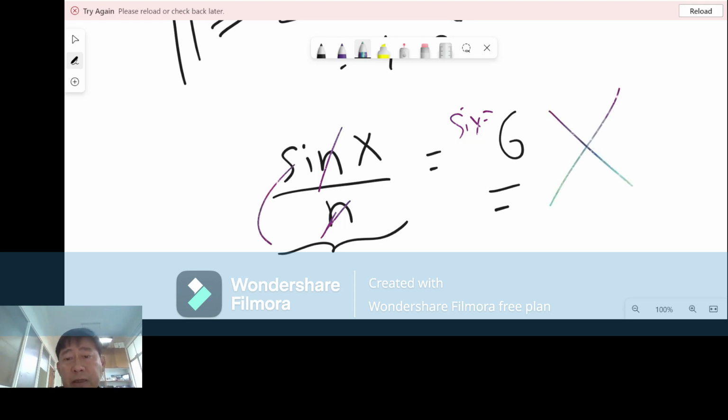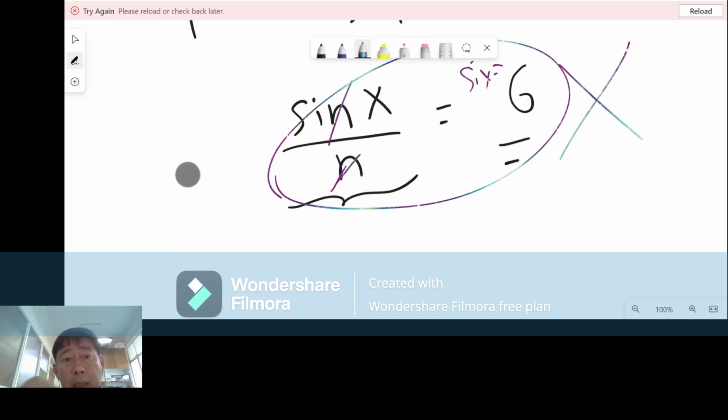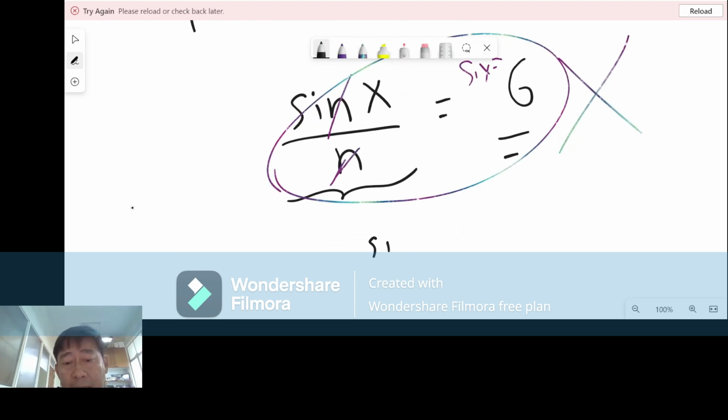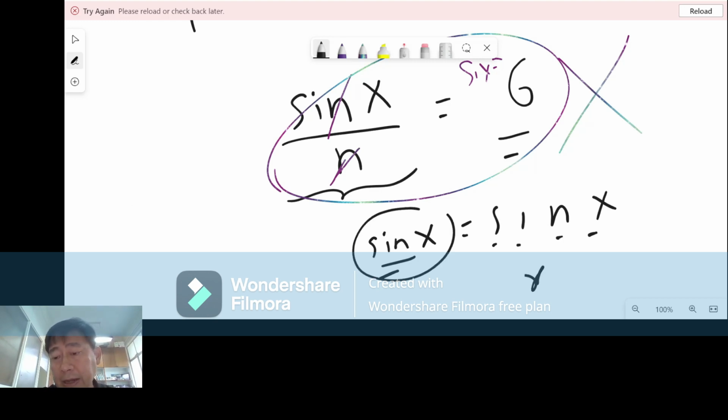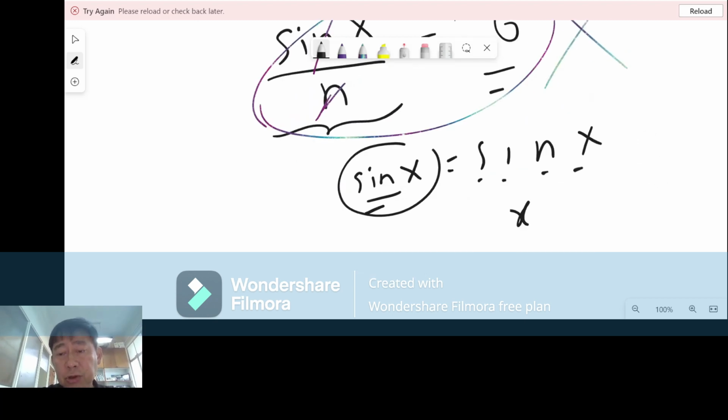Why you arrive at this bullshit is because you are carrying out this calculation not based on the rules of mathematics. The rules of mathematics say sine of x is not equal to s times i times n times x. So the left hand side is not equal to the product of 4 variables. This is to say you have a variable x, then you define a trigonometric function, and the trigonometric function has a name which is called sin.